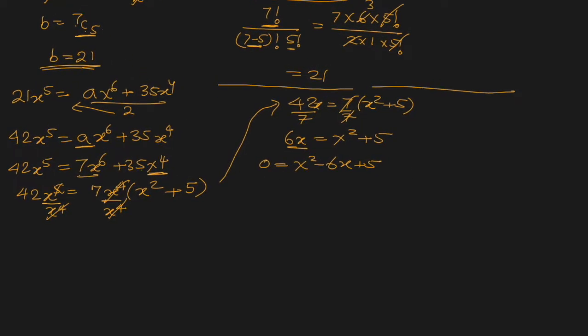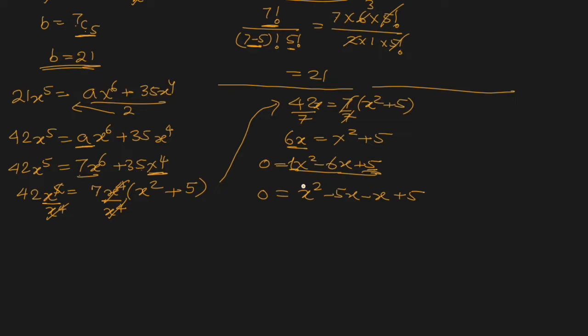And you can factor this. For factoring, we have to multiply 5 and 1, or you can use the quadratic formula also. I like factoring, so I will factor this. So we can write this as x squared, then minus 5 minus x plus 5. Why?